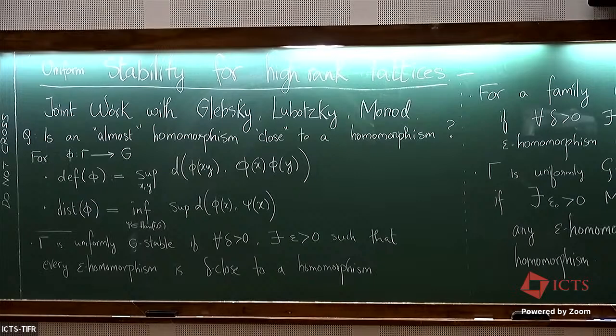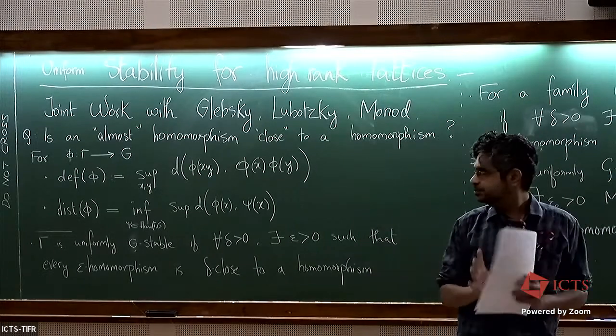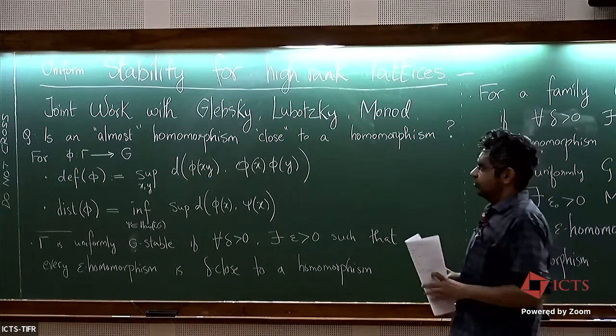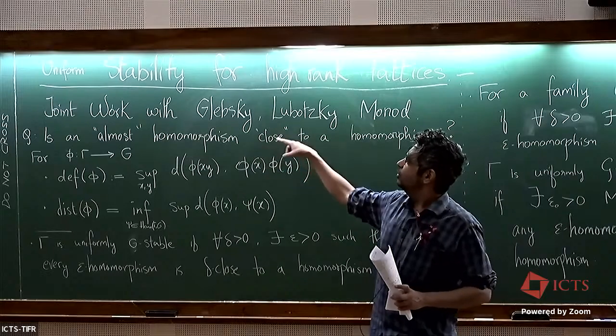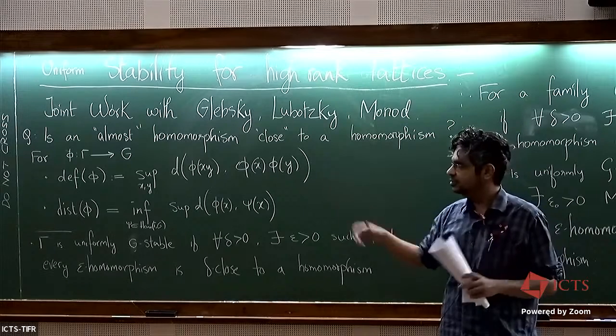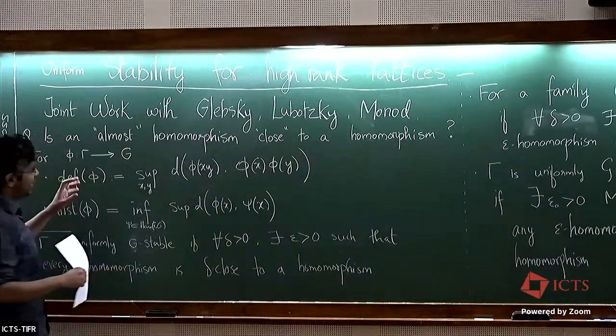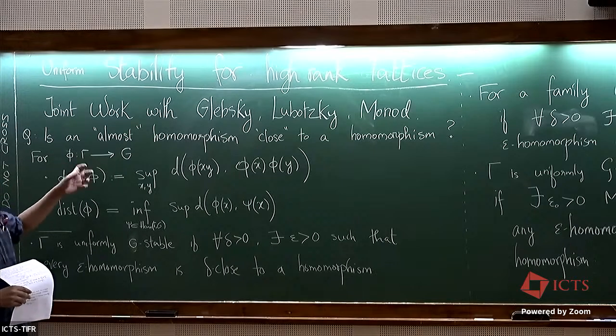So the question of stability is, when is an almost homomorphism close to a homomorphism? Now, of course, every word here has to be clarified. Firstly, what's almost? For almost, we have a kind of local definition.